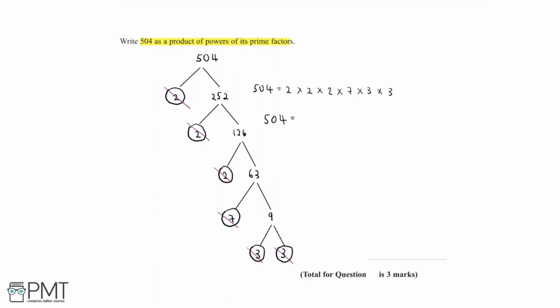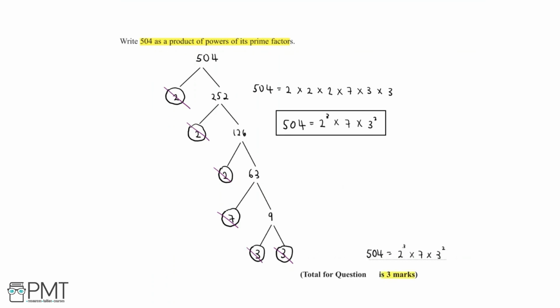Well, 2 times 2 times 2 is equivalent to 2 to the power of 3. And then we have 7. And 3 times 3 is equivalent to 3 to the power of 2. We've now found that 504 is equal to 2 cubed multiplied by 7 multiplied by 3 squared, which we can write down in our answer box below.